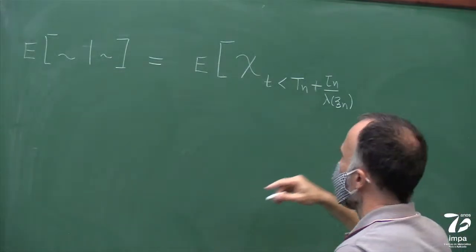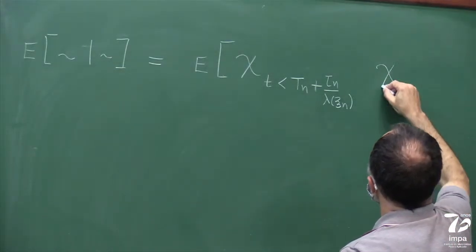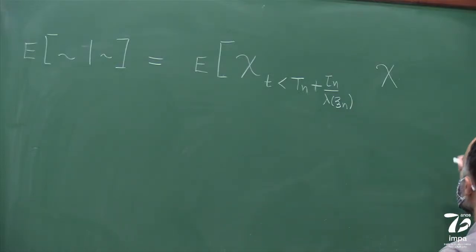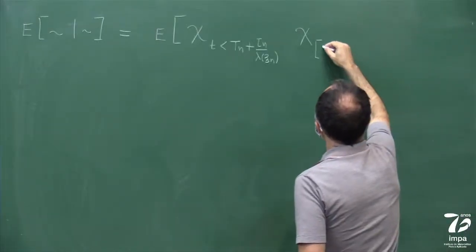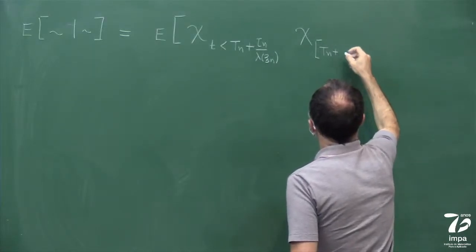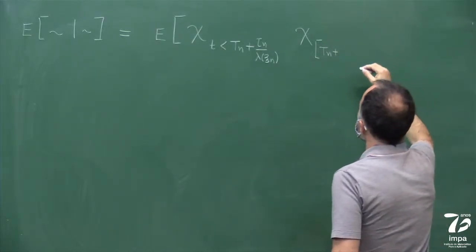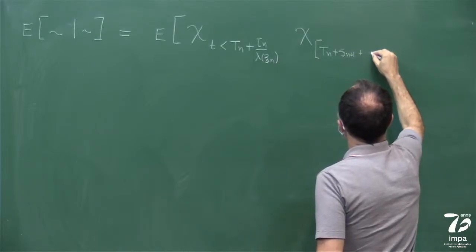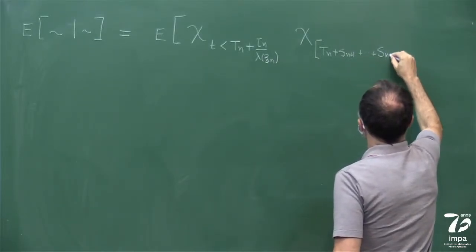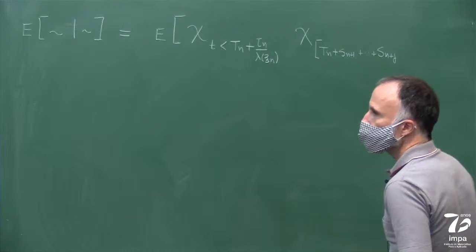So this is the first indicator, and then I have the second indicator, which is Tn plus S_{n+1} up to S_{n+j}.